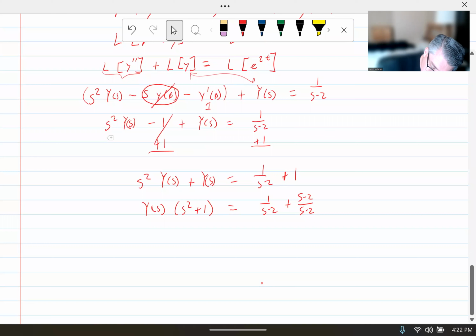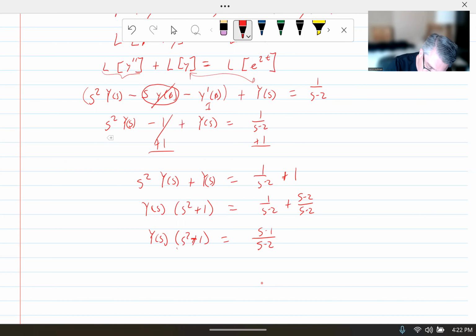So this is Y(s) times s squared plus 1 equals s minus 1 over s minus 2. And I'm going to divide by that s squared plus 1, so multiply by 1 over s squared plus 1.